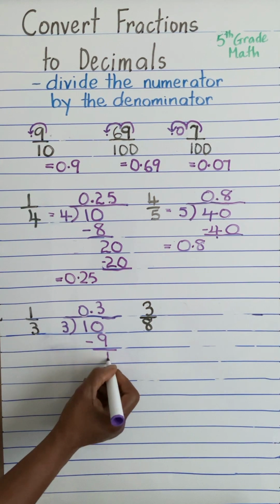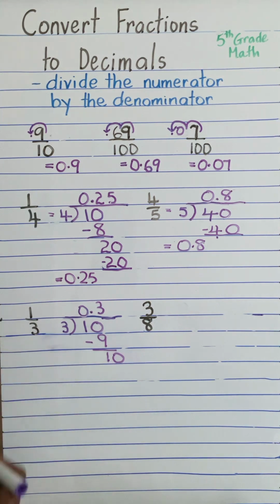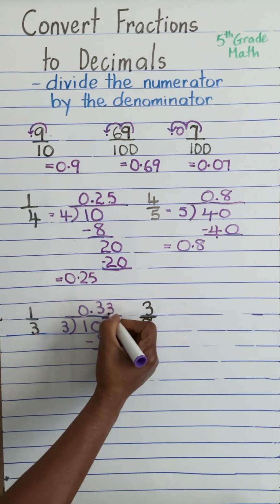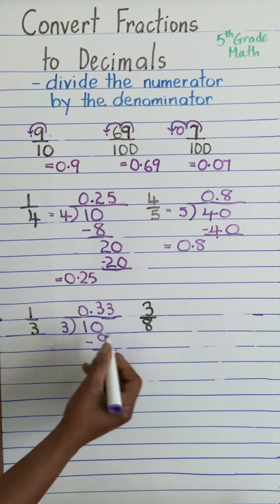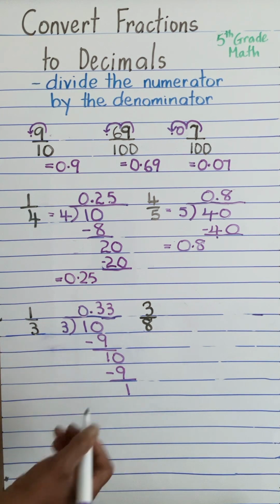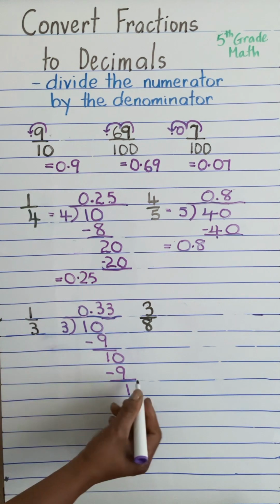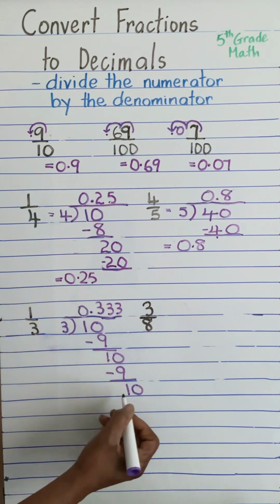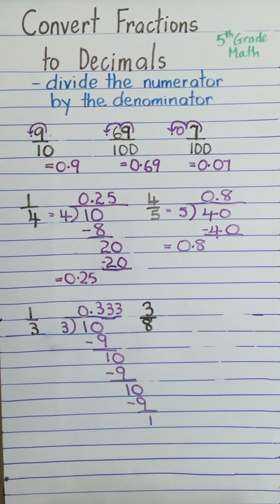Subtract, we get 1. We add another 0. We keep adding zeros. How many times can 3 go into 10? 3 times. 3 3s, 9. And you notice already that this is a pattern that is going to continue. Let's go to the thousandths. Add another 0, and then it's 3 times. 9. We subtract and we have 1. But we're just going to stop at the thousandths.